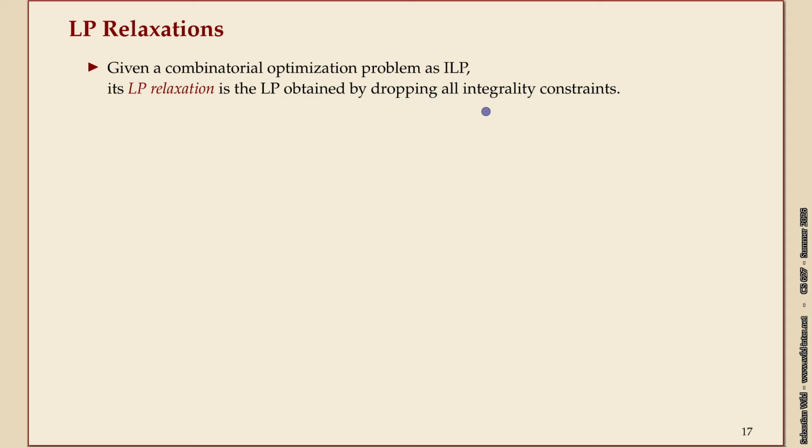The idea is that it's a cheap way to get some lower bounds for the problem if it's a minimization problem. And this is indeed something we'll come back to.